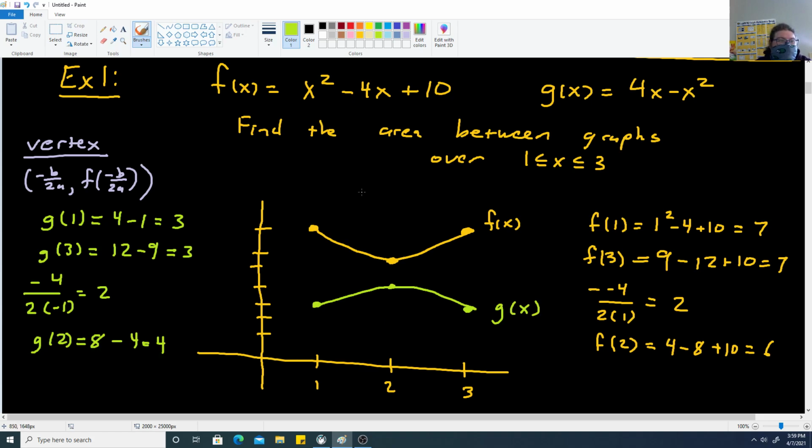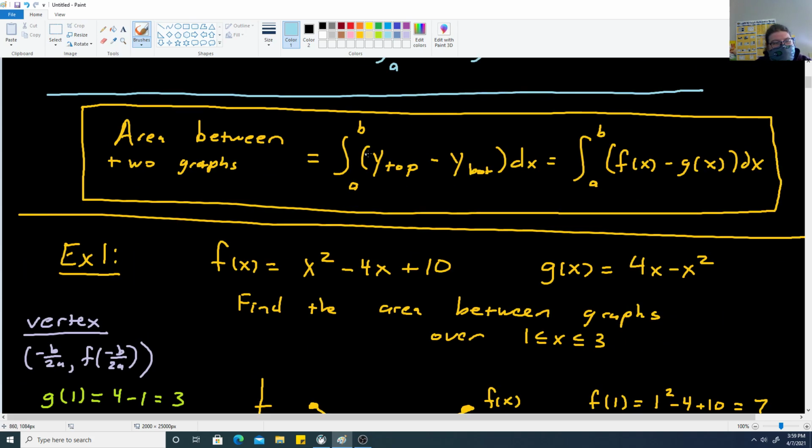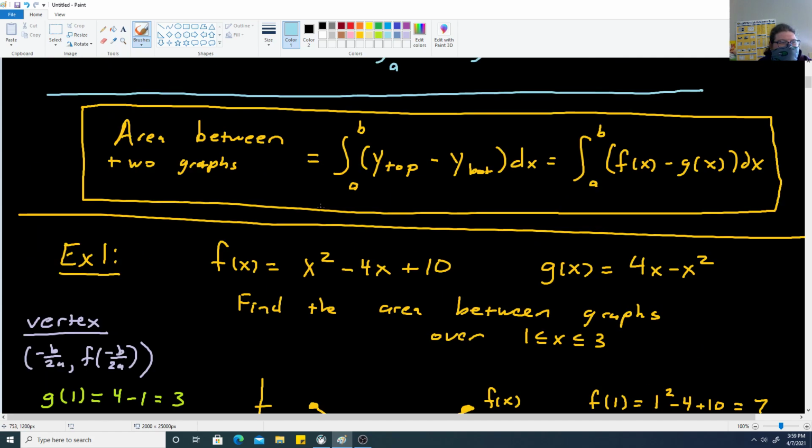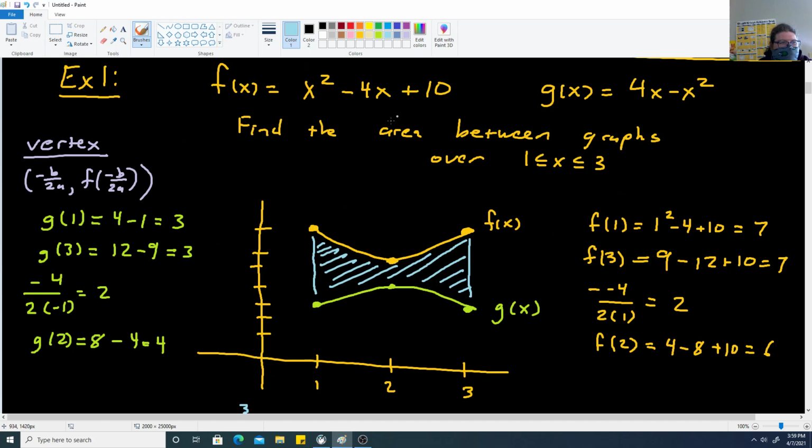So we can see for this expression here, the area we're trying to calculate is from 1 up to 3. We want the area in between these two graphs here. So we're going to integrate the top function minus the bottom function over the interval. The top function is f of x the whole time. So we'll have the integral from 1 up to 3 of f of x, which is x squared minus 4x plus 10.